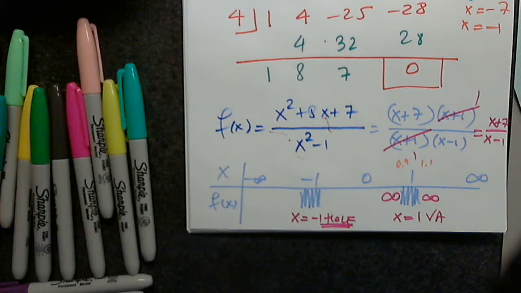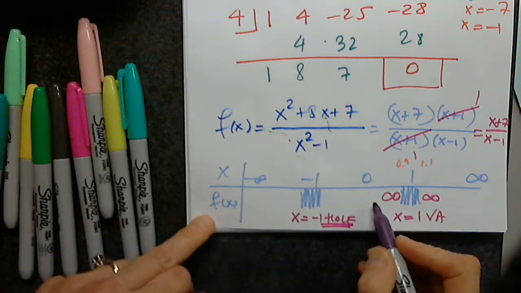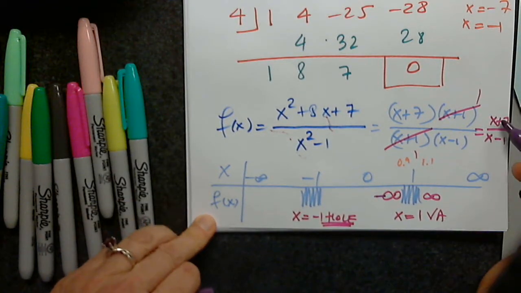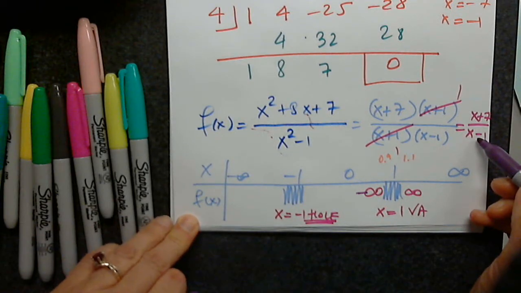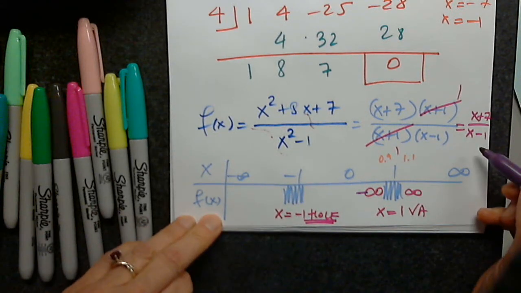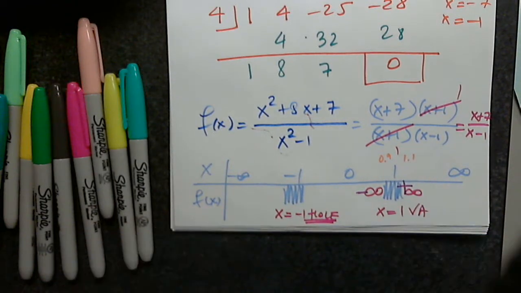So when I plug in 0.9, what is the sign? 0.9 minus 1. So positive over negative. What would be the sign on the left-hand side? On this side, with 1.1, the top and the bottom? Good, positive over positive. That's it. So I determine the vertical asymptote, and I determine the behavior near the vertical asymptote.